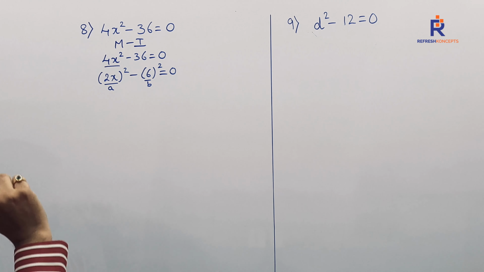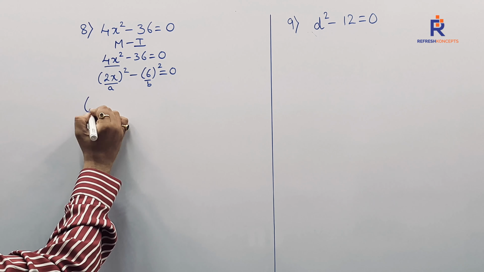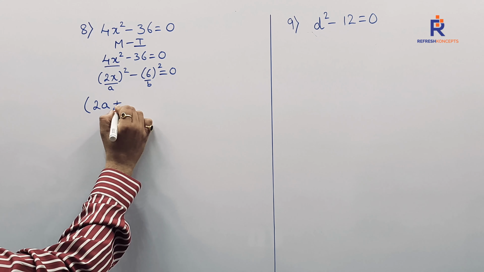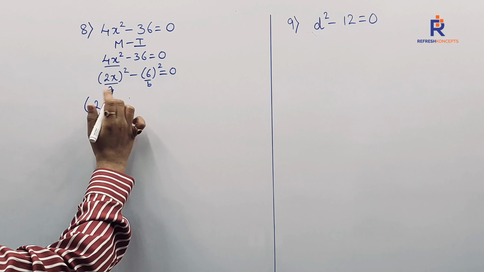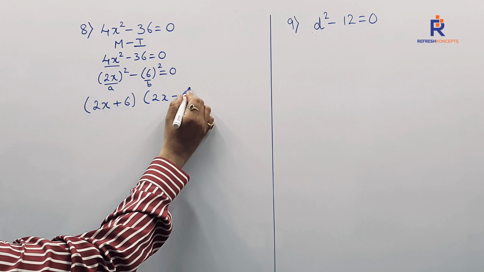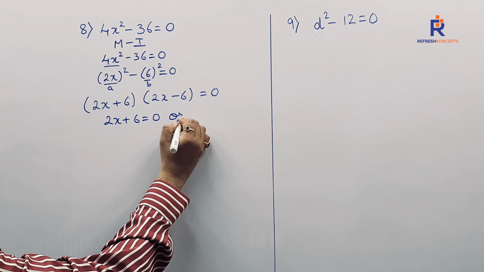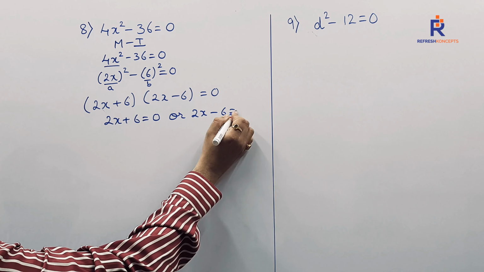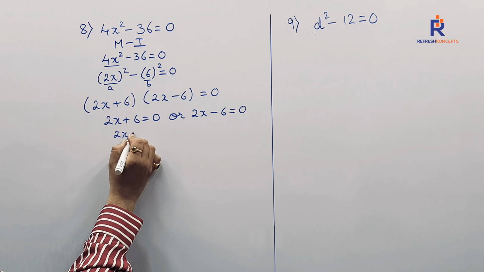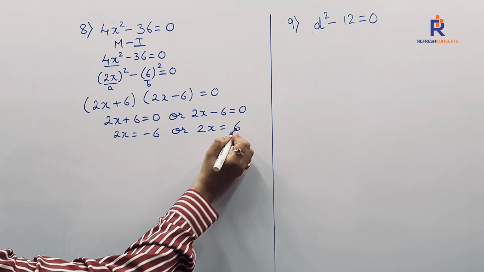Now a square minus b square is nothing but (a plus b)(a minus b). I hope my children are aware of the formula. So it's (2x plus 6)(2x minus 6) equals 0. 2x plus 6 equals 0, or 2x minus 6 equals 0. 2x is equal to minus 6, or 2x is equal to plus 6.